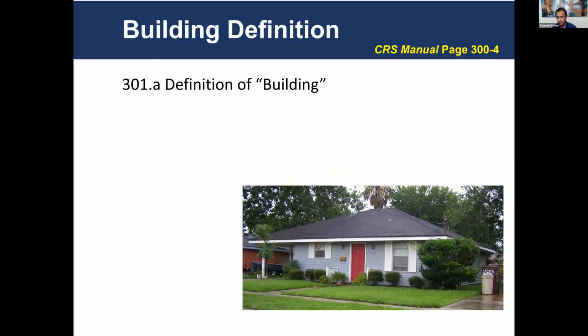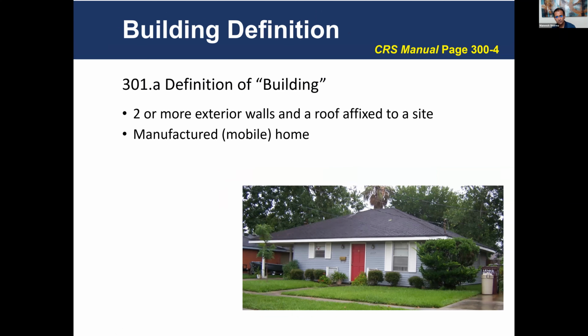So in terms of building inventory, when we started, we defined it as a primary structure. As per FEMA or CRS, the definition of a building or primary structure is two or more exterior walls and a roof affixed to a site. That's the primary definition. Mobile homes are also considered primary structures.